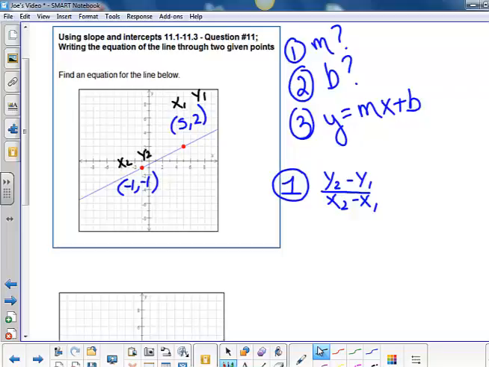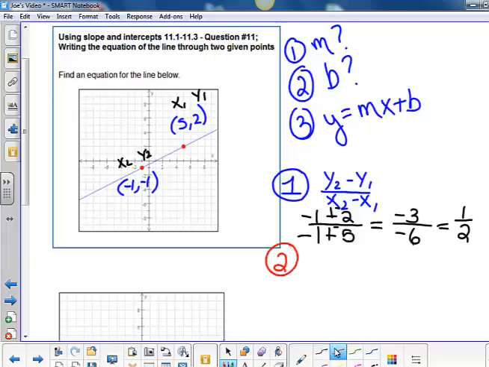So I have y2 minus y1, so -1 minus 2, divided by -1 minus 5. So I really have -1 plus -2, which is -3, over -1 plus -5, which is -6. These negatives cancel each other out, and that reduces to 1/2. So my slope is 1/2.